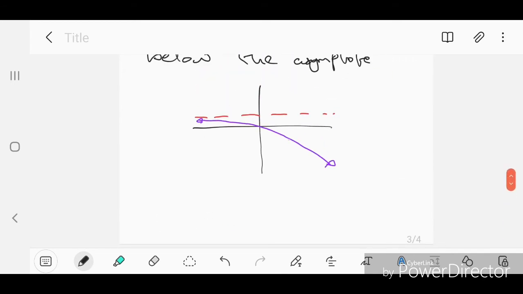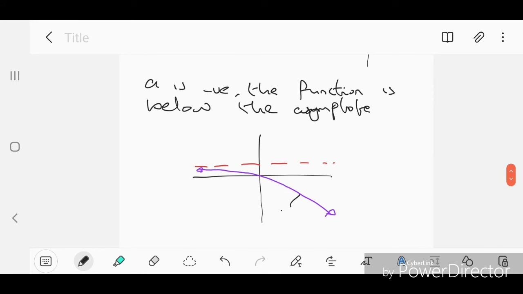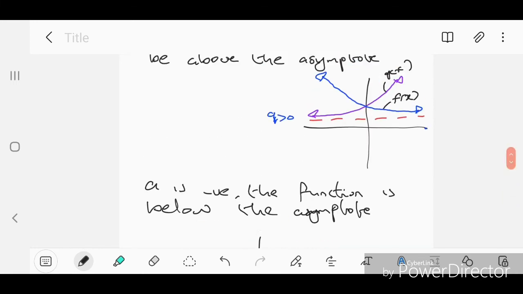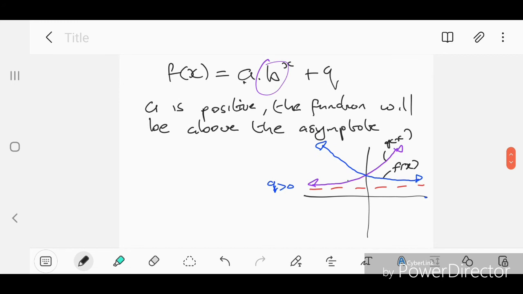You see, for this one, it's coming from the left. When I say it's coming from the left, it means this space here must be smaller than this one here. Can you see that this is a higher space, but this is a smaller space? So it's coming from the left going to the right. So for this function, my b is greater than 1. For this purple function here, my b is greater than 1, because you can see it's coming from the left to the right.